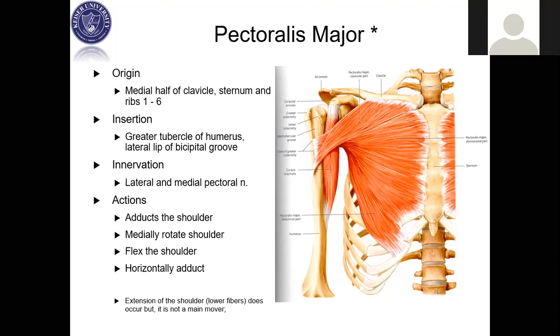Pectoralis major has a large origin area, the clavicle, the sternum, and the ribs. And it inserts into the bicipital groove of the humerus near the greater tubercle.